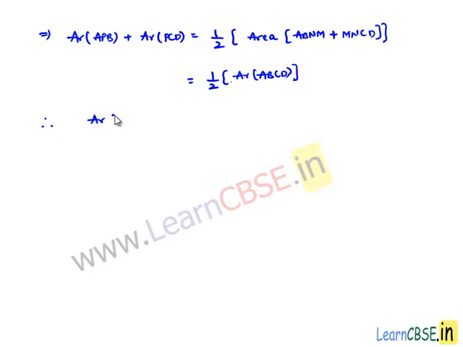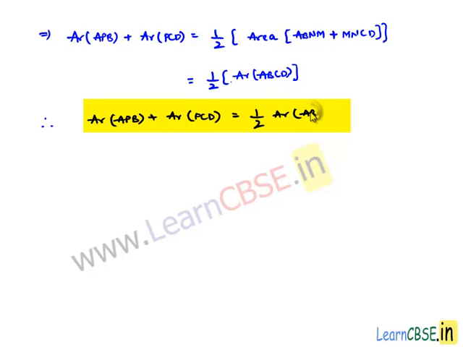Therefore, area of APB plus area of PCD is equal to half times area of parallelogram ABCD. This is our first proof and hence proved.